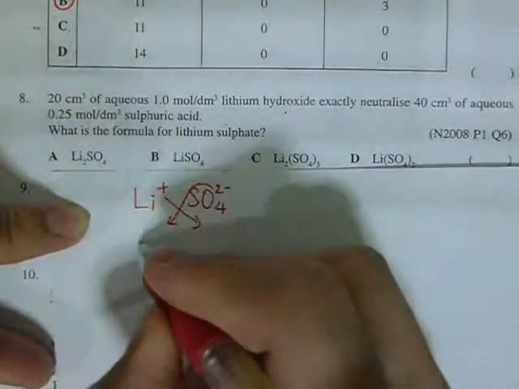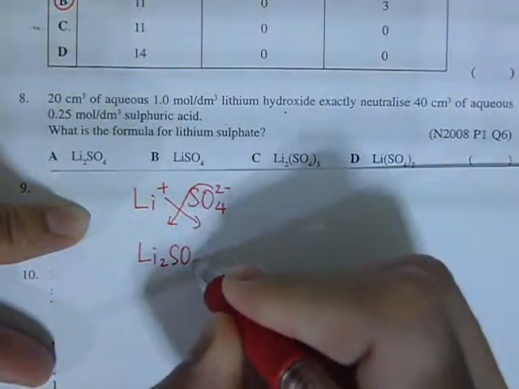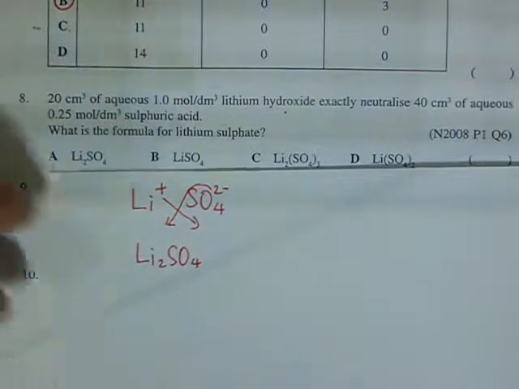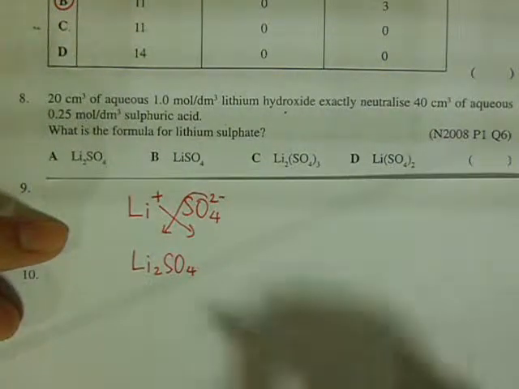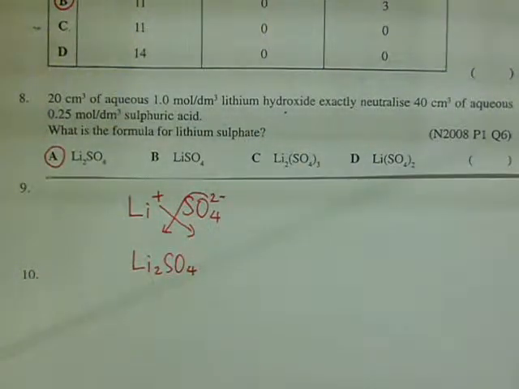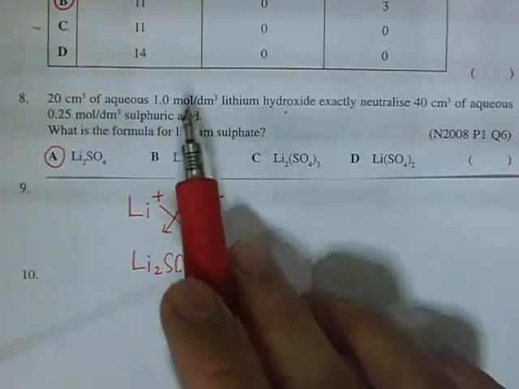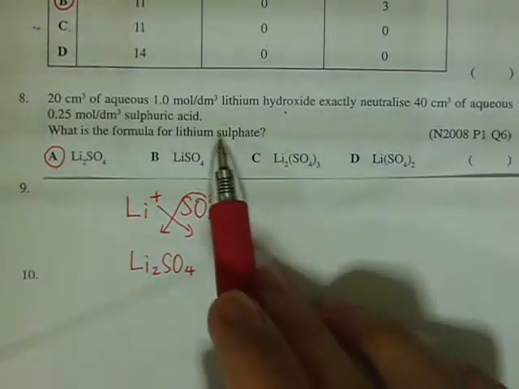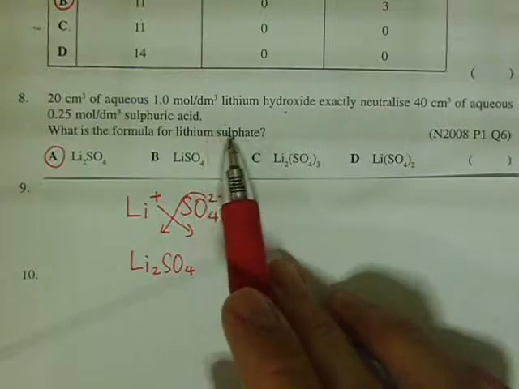Just cross multiply, you get Li2SO4. So this will be the formula for lithium sulfate. So the answer is A. Again, the first paragraph information is actually not needed. You can go straight to lithium sulfate, find out the formula for this ionic compound called lithium sulfate.